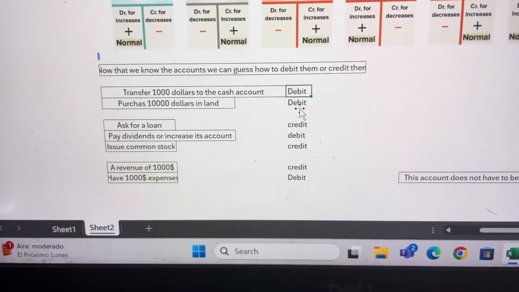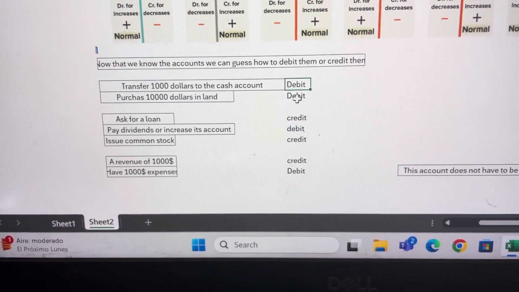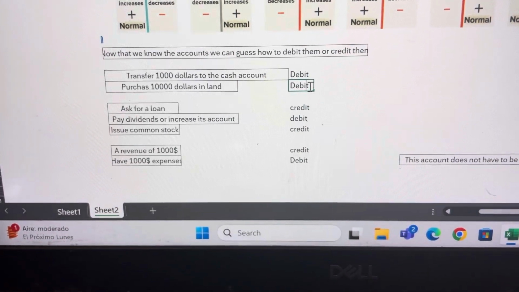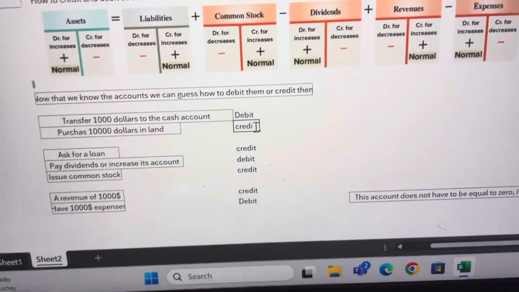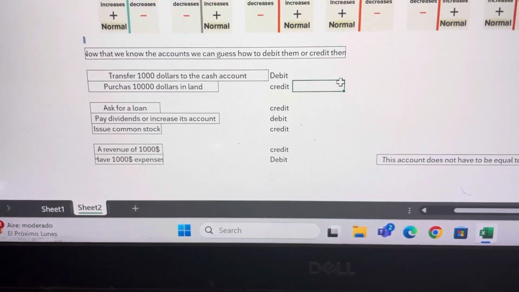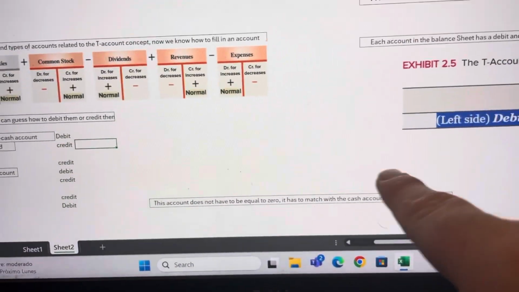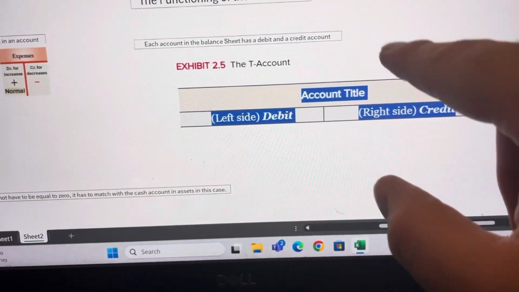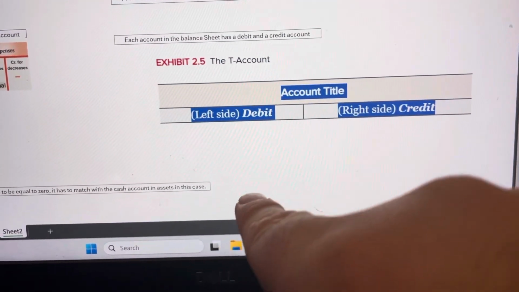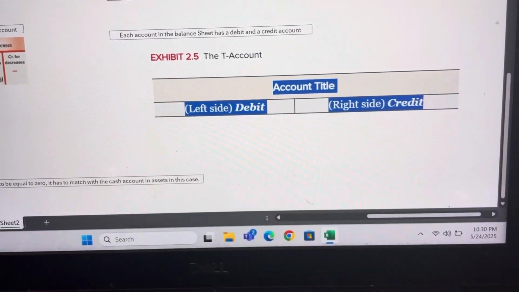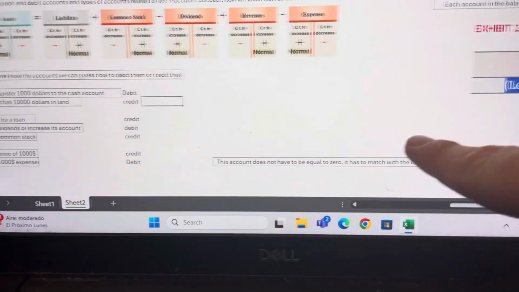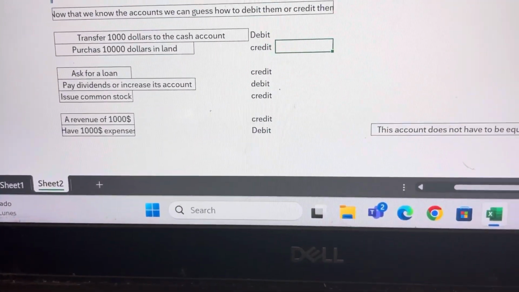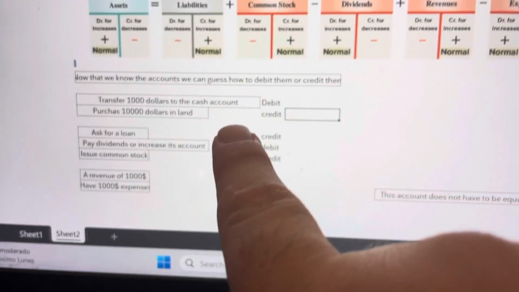We credit the cash account, right? So if we go here, the cash account of the assets would have a $1,000 debit of the money received, and then a $1,000 credit. Then if we ask for a loan, we credit the liabilities account. We're increasing it, right? So we credit.